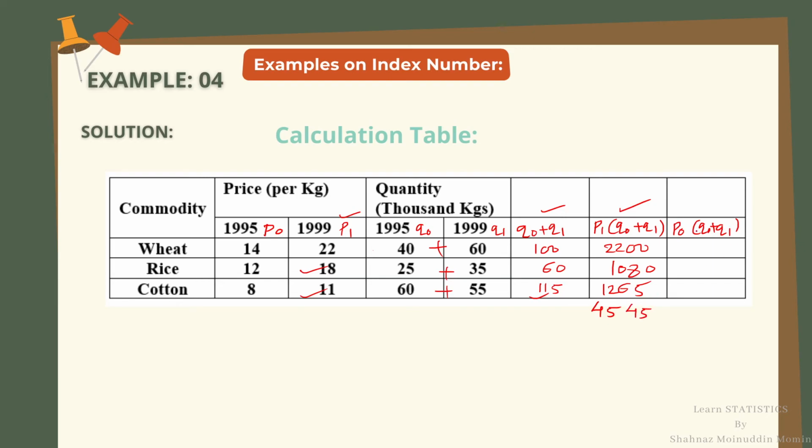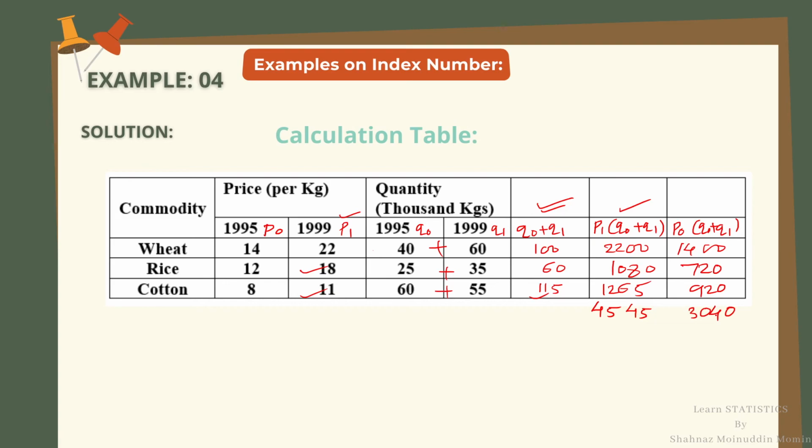Similarly, multiply Q0 plus Q1 with P0, the price in the base year: 14 into 100, 1400; next 12 into 60, 720; similarly 920. And the total of the column is 3040.